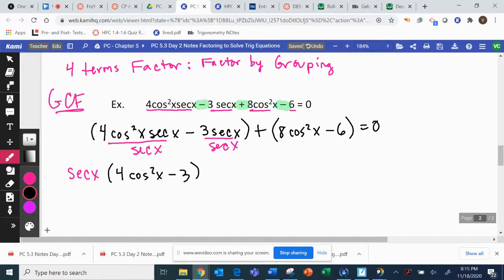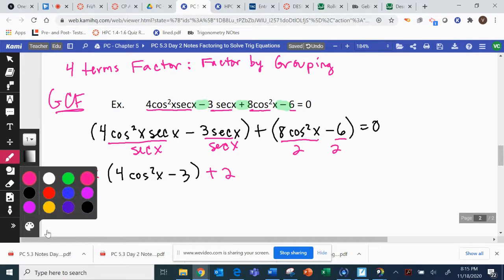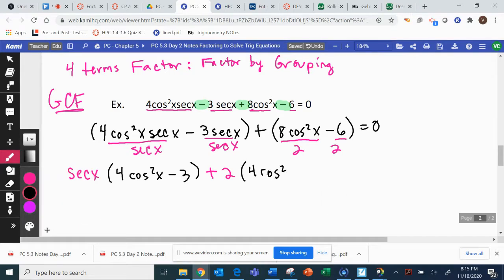So I've factored this group all the way. I'm going to look at my other group, and first check for a greatest common factor. And we do have one. It's 2. So I'm going to first take out that greatest common factor. I'll be left with 4 cosine squared x minus 3. That will not factor any further. So I have factored each group.